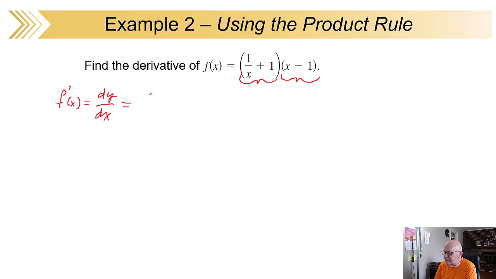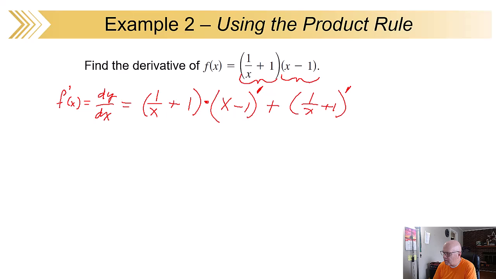I write it like this. I write the first function, that's 1 over x plus 1, times the second function with a prime up there, meaning we'll take the derivative of that, plus, and now just swap the two. 1 over x plus 1 prime, or derivative, times the x minus 1 without the prime, and then work it from there.